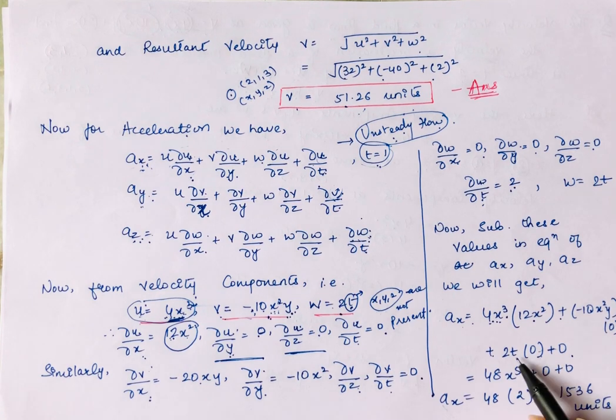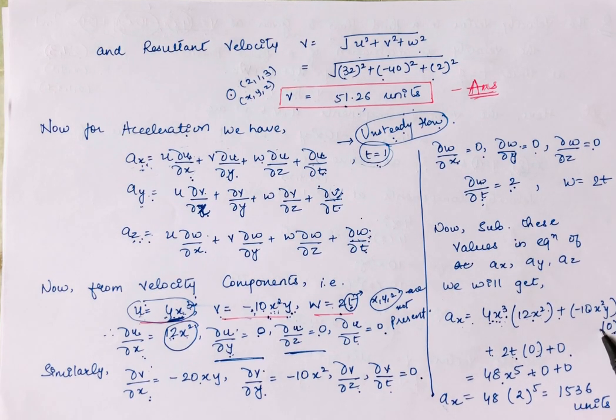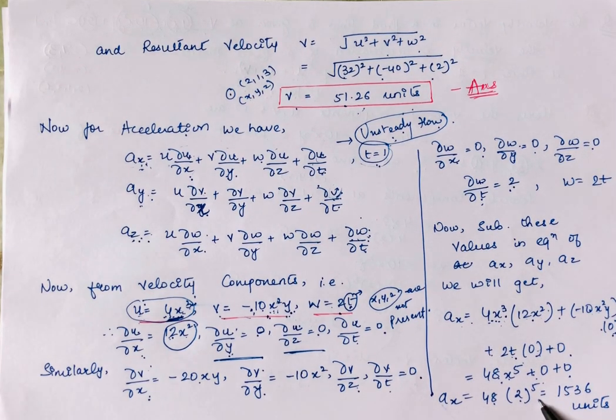So here the first term, 4x cube into 12x square, will become 48x raised to 5, plus the second term will become 0, because minus 10x square y when multiplied by 0 will give us the value of 0. So 48x raised to 5 plus 0 is equal to 48 into 2 raised to 5, which is equal to 1536 units.